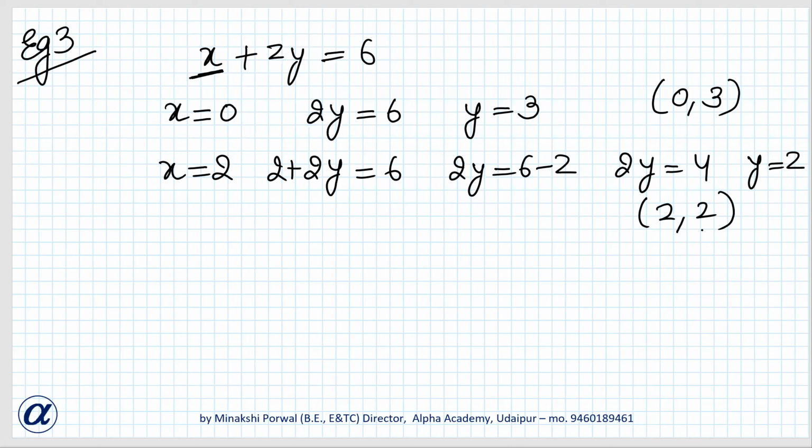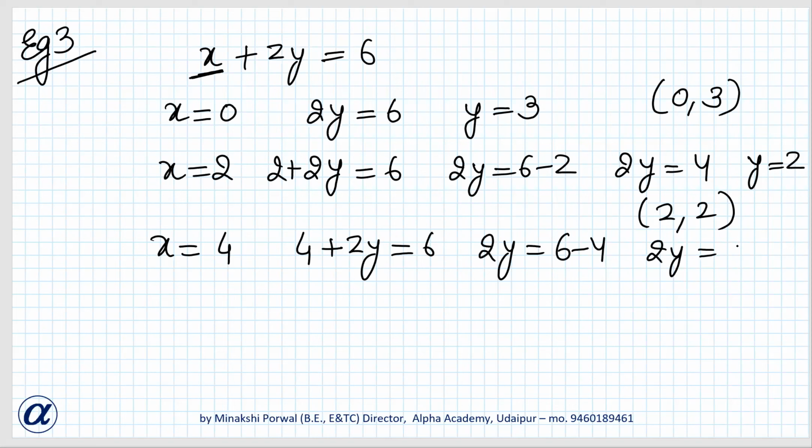Ma'am, (4, 1) can also be there. Yes, (4, 1) can also be there. Suppose I put x equals 4. So 4 plus 2y equals 6. 2y equals 6 minus 4. 2y equals 2. y equals 1.